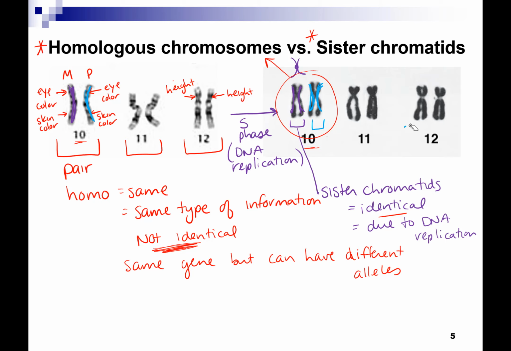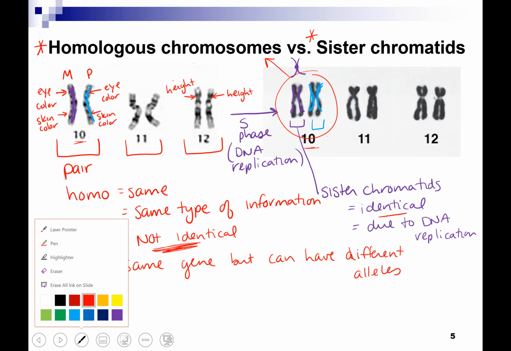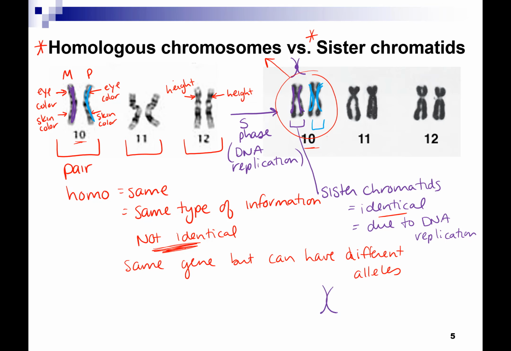So, whenever you see this X, that's standing for two sisters. So right after replication, they're held together by this centromere region.